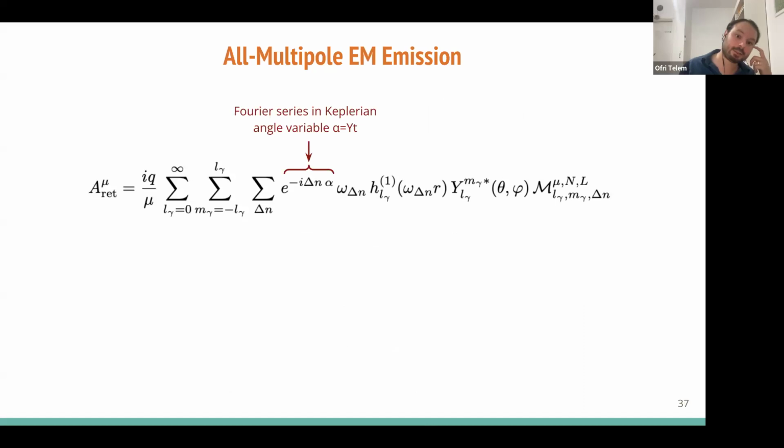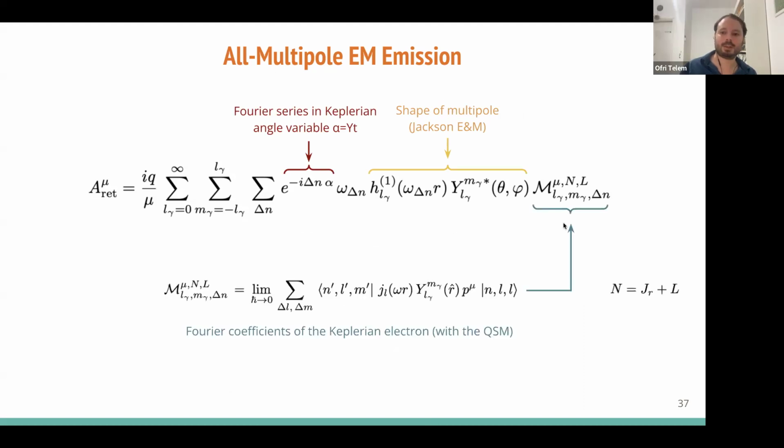So what does the result say? Just like any other variable, it's going to be a Fourier series in the fundamental angle. This is the shape of the multipole. Again, it's a feature of E&M, not a feature of the QSM. But this M is where the details of the source are, and this is what I'm going to compute with the QSM.